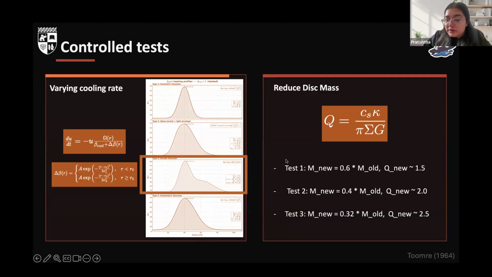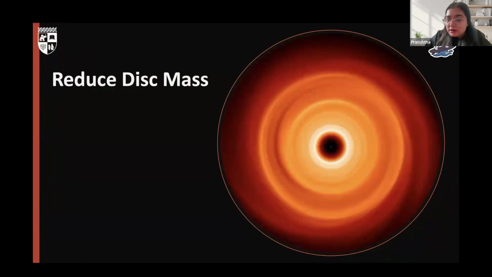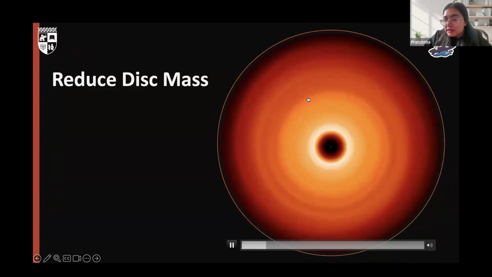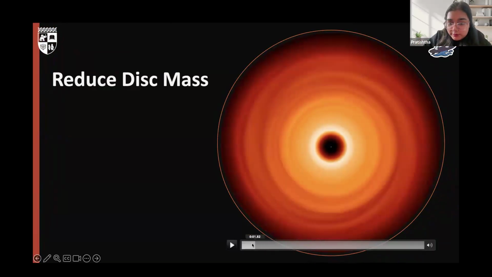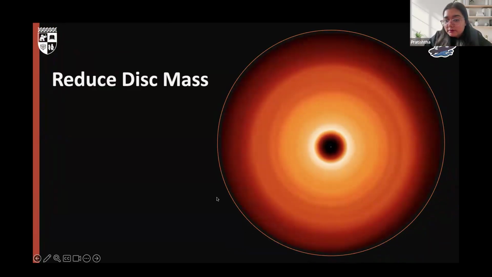And so we do this by performing three tests on the disk mass. We reduce the disk mass by a factor of 0.6, 0.4, and then 0.32. And this is done so that we can get the Q values up to certain levels and stabilize the disk. And when we do this, again, we see that the disk is forming these axisymmetric structures. And in the outer disk, especially if I go back here, you can see the ring-like structure appearing again.